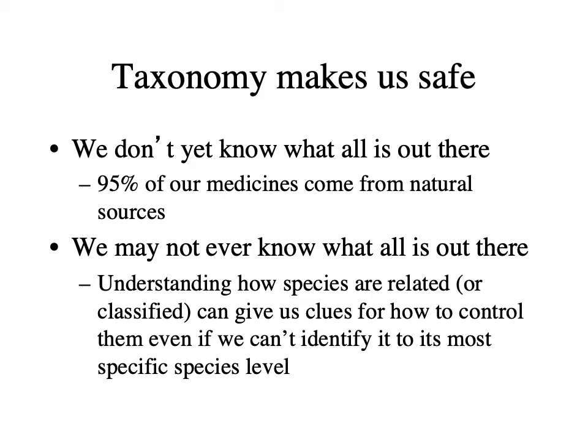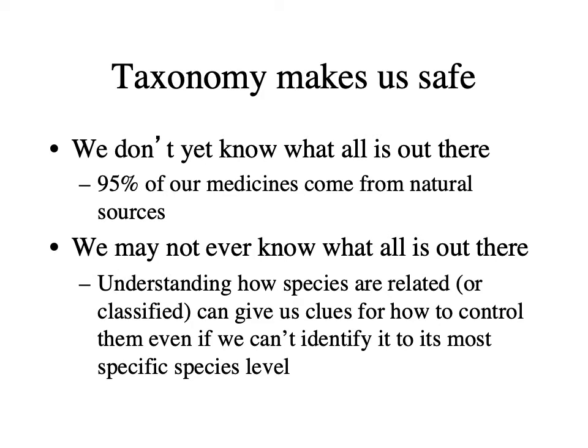But during this time of increasing antibiotic resistance and the occurrence of viruses that are new and novel that we've never seen before, we need to use taxonomy, identification and classification of the things that we discover in order to see if we can use them for medications and vaccines. 95% of our medications come from natural sources, and so using taxonomy can help us build upon these medications and the vaccines that we can develop. We may not ever know what all is out there.